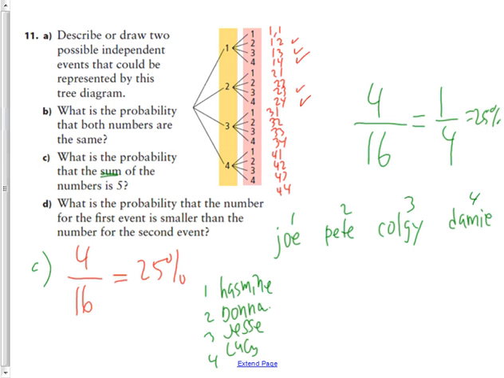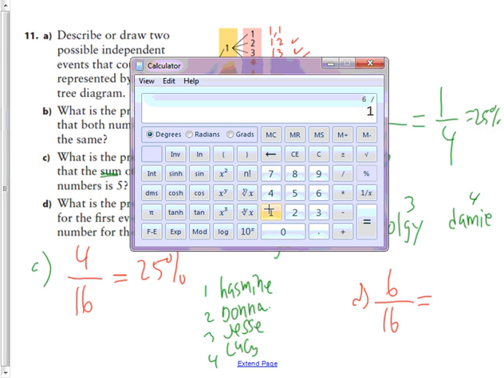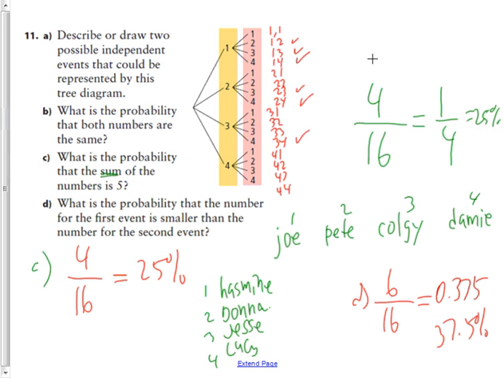This one and this one. This one, and that's it. So for D, there are 6 combinations out of 16, which if I grab my calculator, 6 divided by 16 as a decimal is 0.375, which is what percent? 37.5%. Okay. Any questions with that?